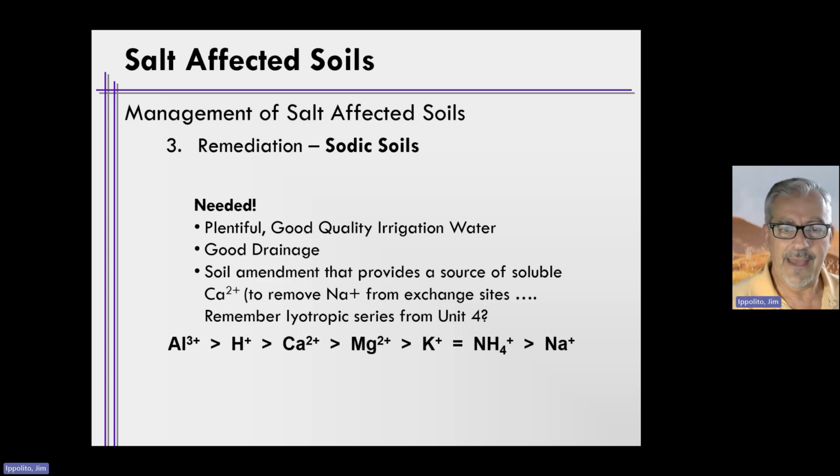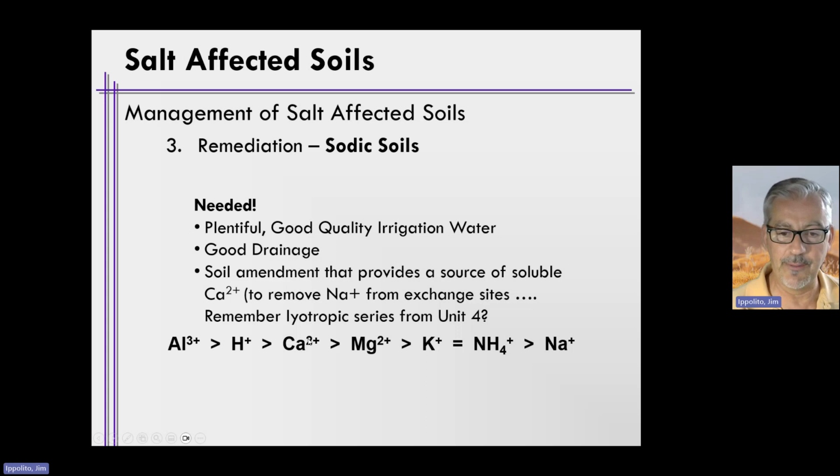And then you have to add a soil amendment that provides a source of soluble calcium to remove sodium from the exchange sites. And I bring to your attention the lyotropic series from Unit 4. So sodium, you see, is way over here on the far right, and calcium is more in the middle. It's more to the left.